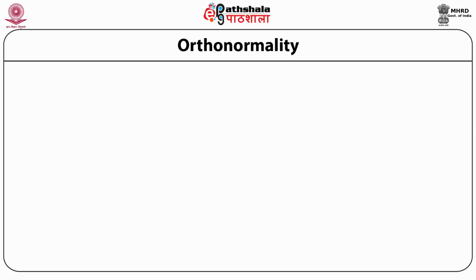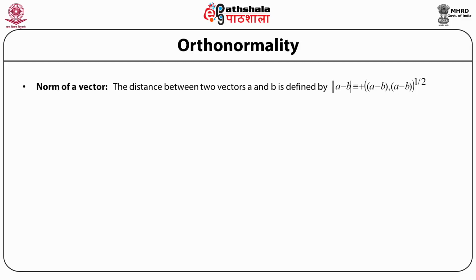So basically, we are building the various tools that we will be using as part of the mathematics to understand linear vector spaces. Orthonormality. Now we define the norm of a vector.